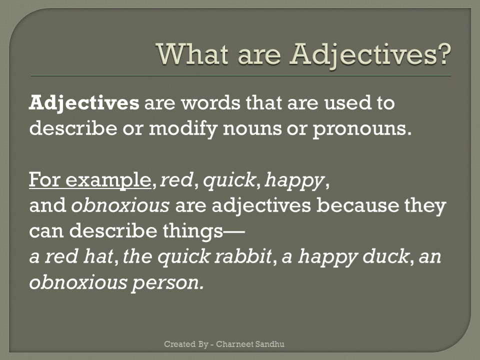For example, a red hat, a quick rabbit, a happy duck, and an obnoxious person. So the words red, quick, happy and obnoxious give you more information about the nouns hat, rabbit, duck and person in these examples.